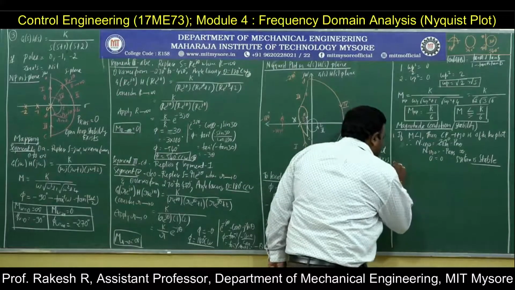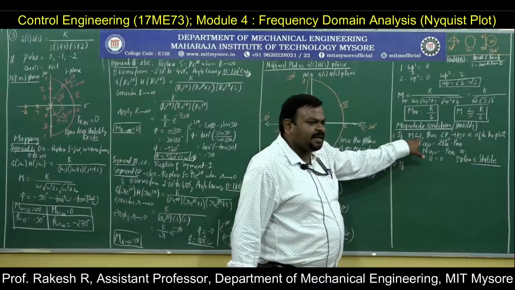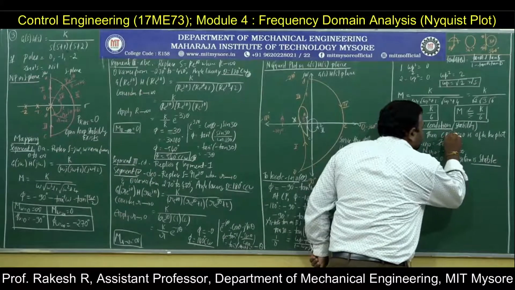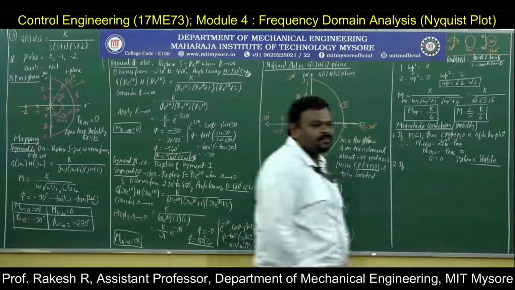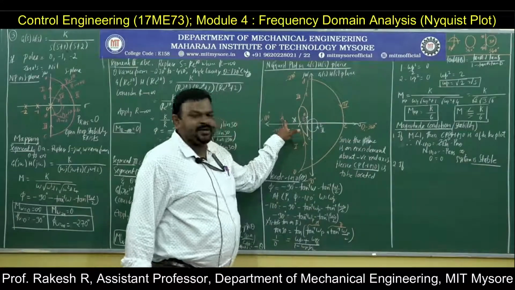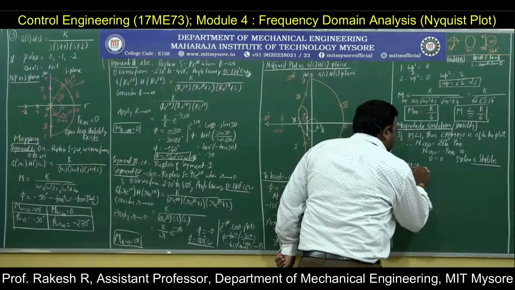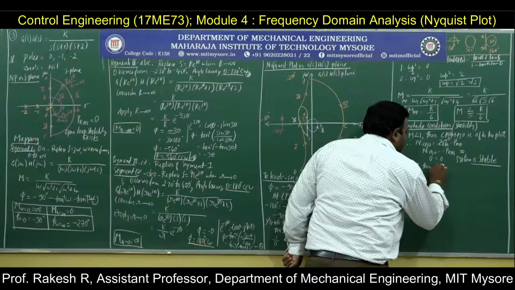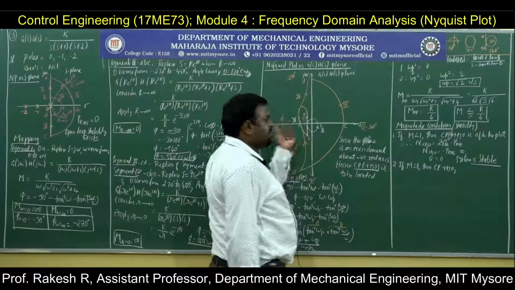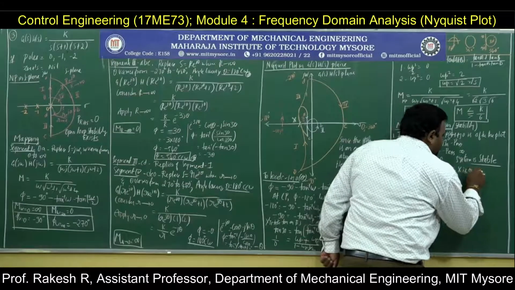Then, second case. Critical point, here I have taken A. Just for understanding purpose, I have named it as A. Second case, if magnitude is equal to 1, then critical point minus 1 plus j0, which is that X, is on the plot.